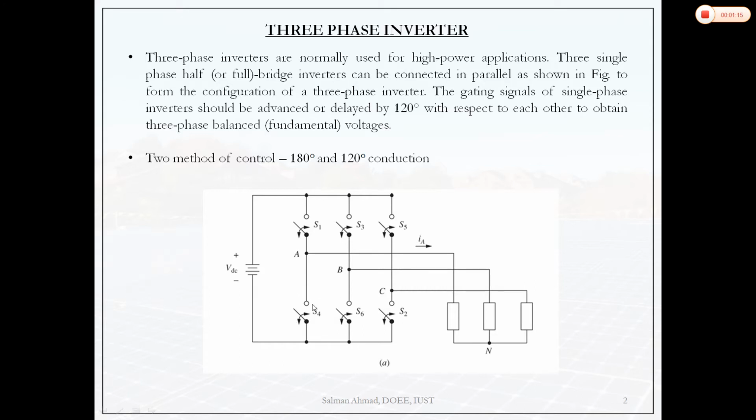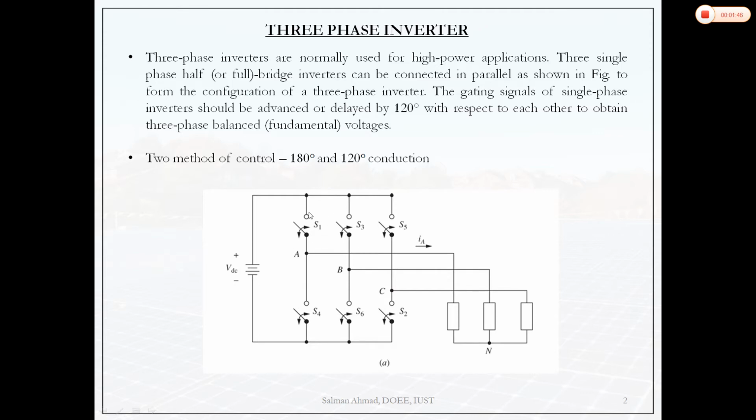In the same leg we should not turn on these two switches simultaneously, otherwise there will be a direct short circuit across the DC input, and that could damage these switches. So in control design we must ensure that the two switches in the same leg are never turned on simultaneously.